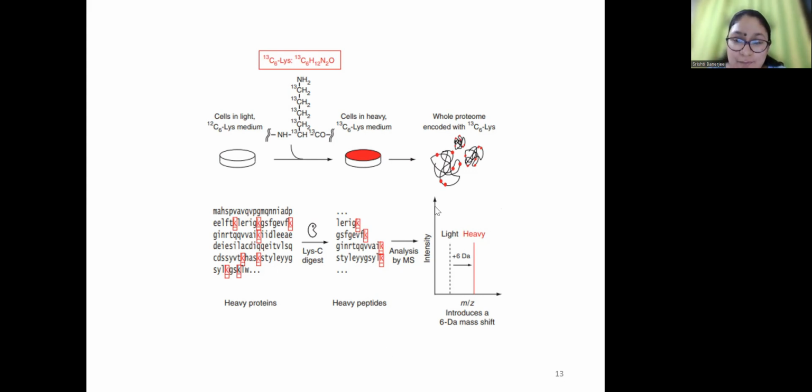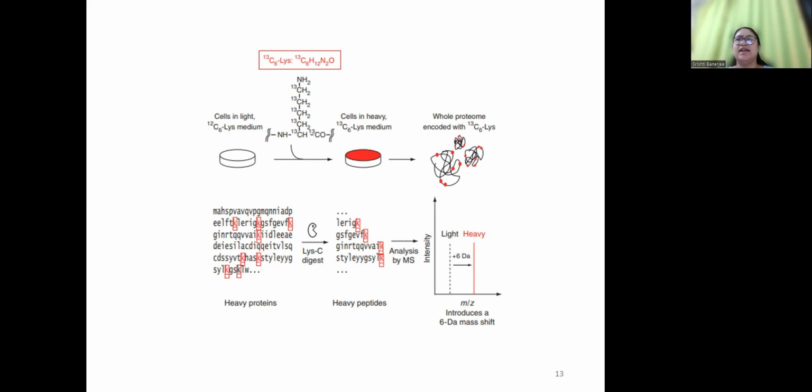So one sample was just normal with no labeling, and the second one was with the heavy label. So there will be a mass shift. You see in the chromatogram there's a shift in the mass. This is detected, and that's how you understand that this sample was labeled.